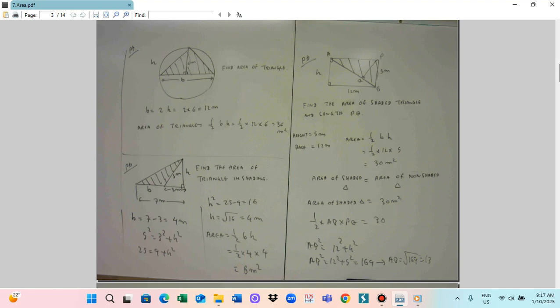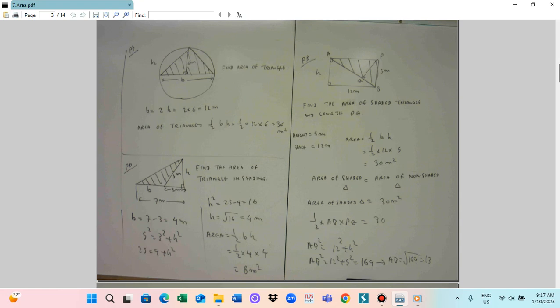In this case you can calculate AB square is equal to 12 square plus 5 square, so the H is 5. So this becomes 144 plus 25. So this is 169. And therefore AB you can calculate is square root of 169. So you got 13.